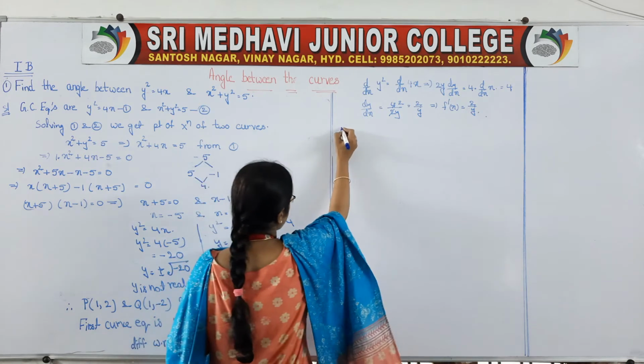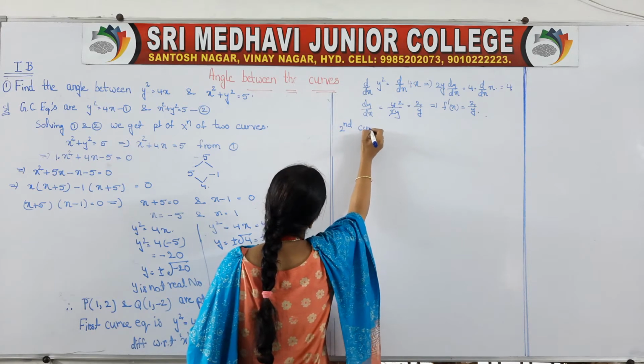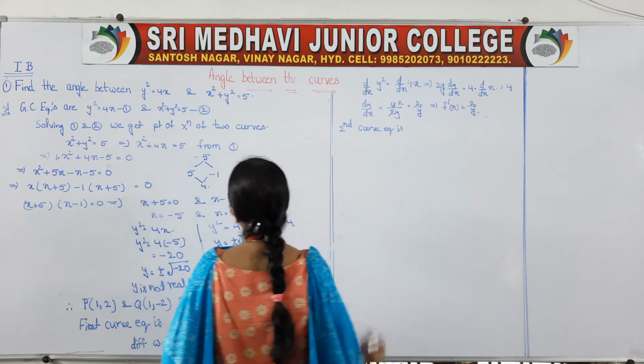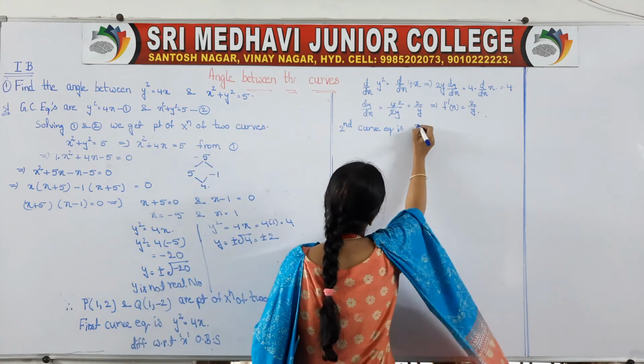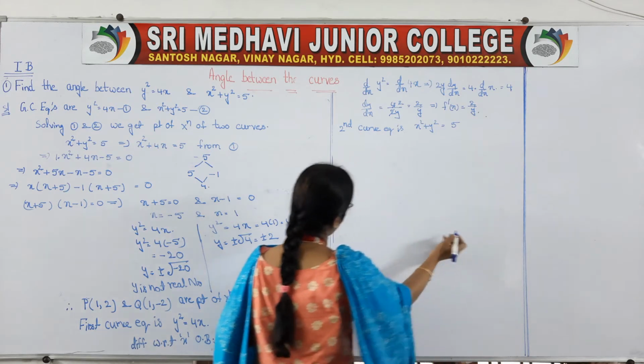Now you take your second curve. What is your second curve equation? Second curve equation is x square plus y square is equal to 5.